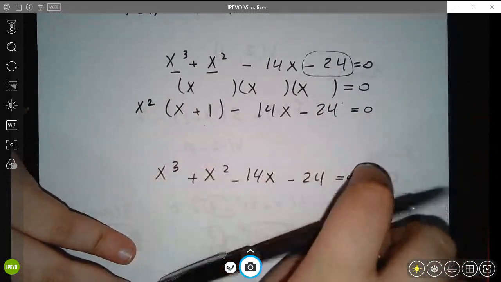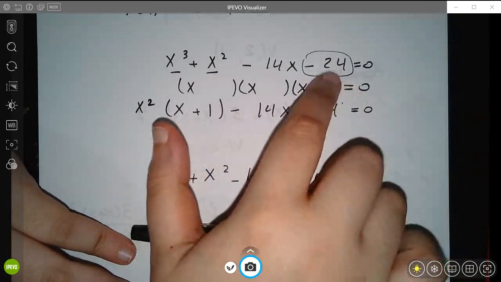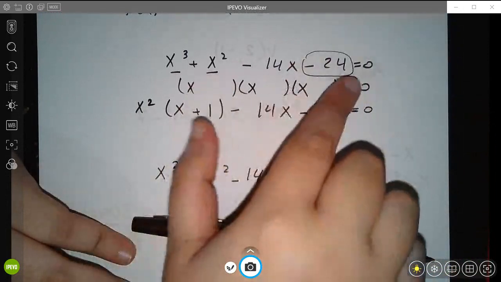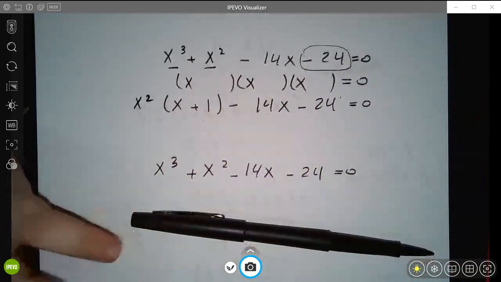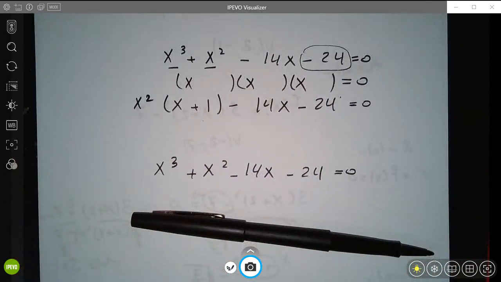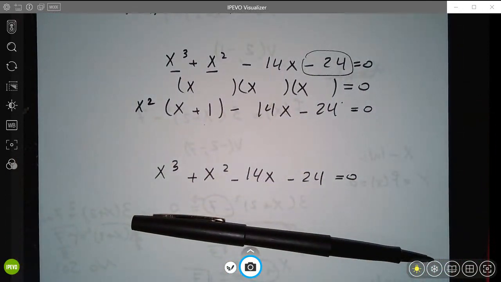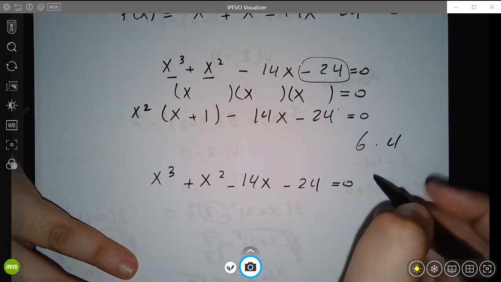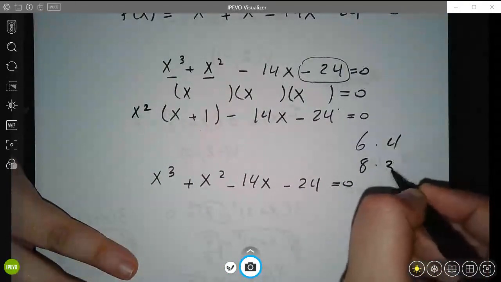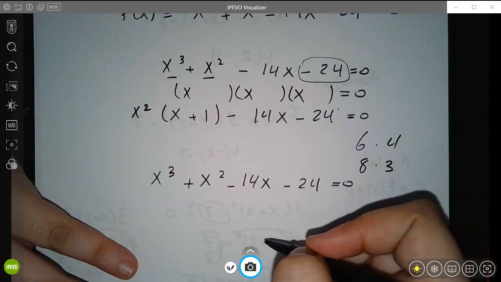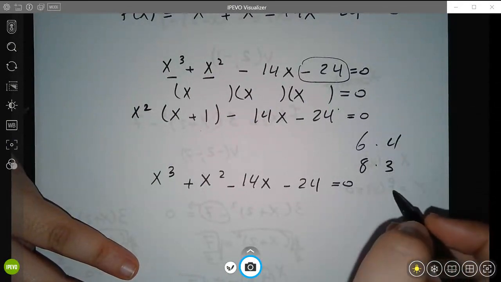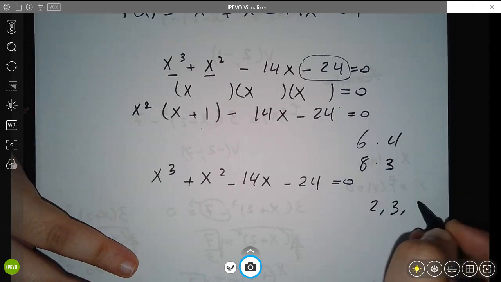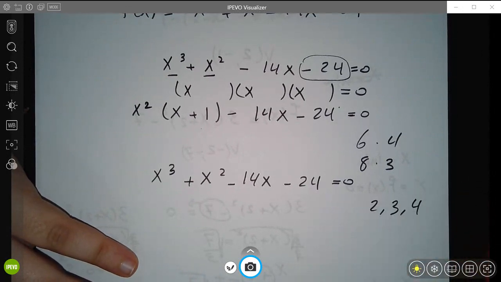Now, the trick is, I want to know what 3 numbers multiplied together give me 24. This one's kind of easy to figure out, because 24 could be 6 times 4, or 8 times 3, which means that the numbers are actually 2, 3, and 4.